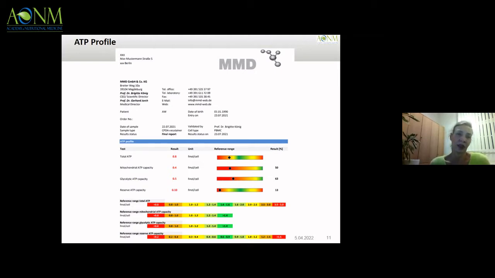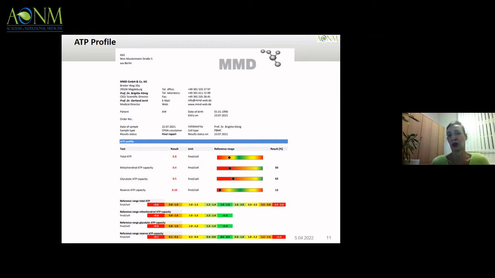And then you see, okay, perhaps the total ATP is produced or can be produced by the mitochondria. And here you see that the mitochondria can only produce 50% of the ATP. And that is a really, really low amount. So the mitochondria are no longer able to produce ATP for the cell.